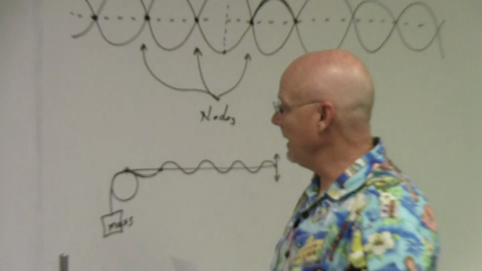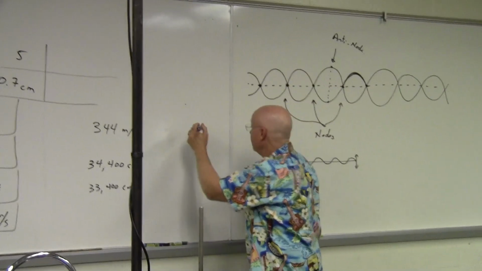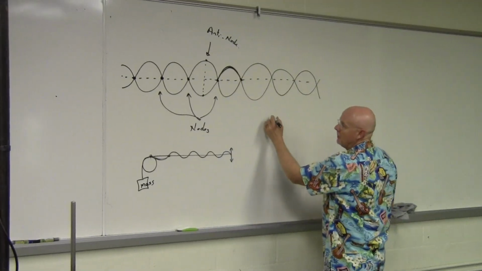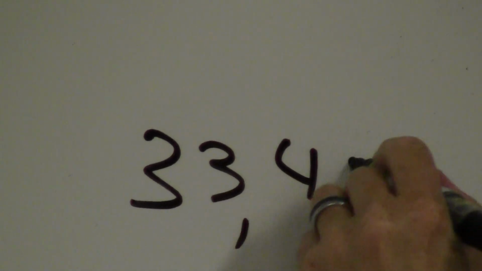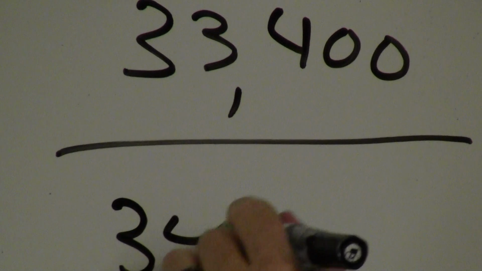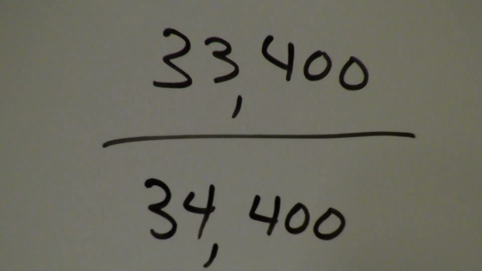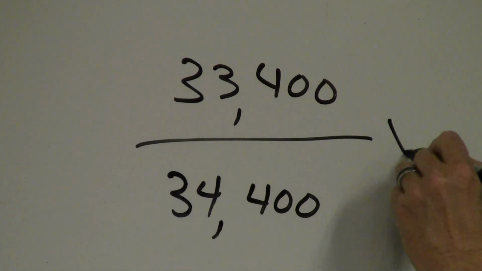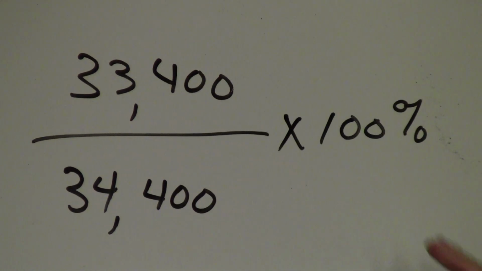So if I take this number, should I put it over here, Ron? So if I put my number, 33,400, and I divide it by 34,400, that's how you do a fraction, right? Part over the whole. Now, to make it a percentage, you multiply by 100, but this is not the final answer.